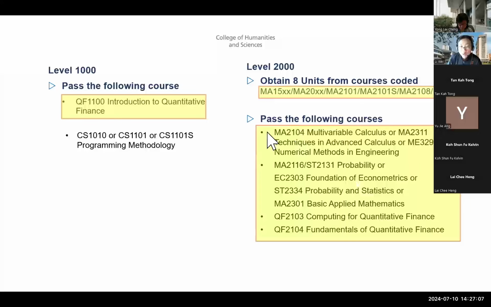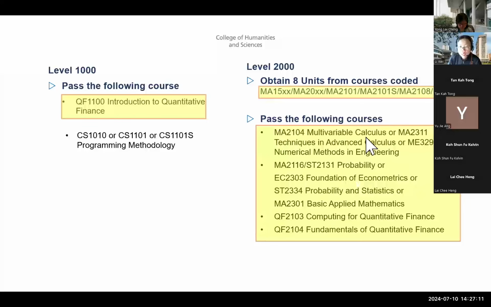And then we need you to pass the 4 essential courses, including the multivariable calculus or equivalent module, and the probability courses, either MA 2116 or SD 2131. Or if you are from economics, you can use EC 2303, one of your core modules in economics, to fulfill the second major in QF as well.